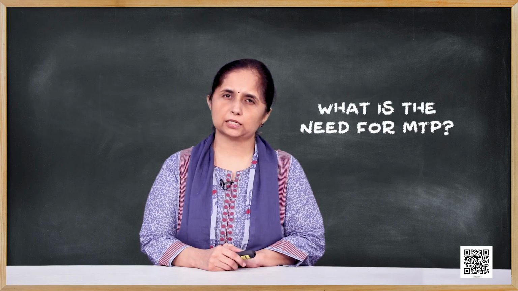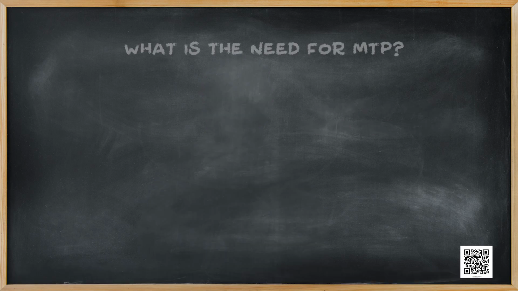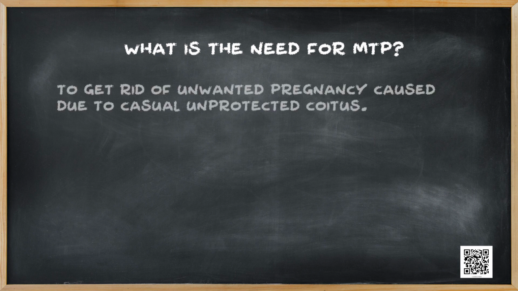What is the need for an MTP, that is, medical termination of pregnancy? MTP is generally needed in 3 situations. First, to get rid of unwanted pregnancy caused due to casual, unprotected coitus.